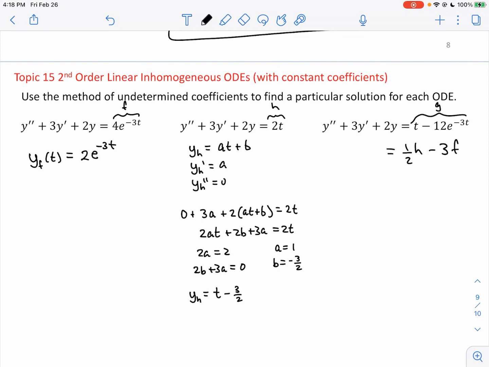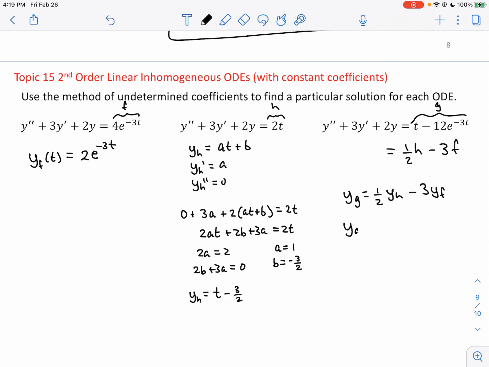So since I've already done the work for finding y sub f and y sub h, in order to find y sub g, we can use that superposition principle and just do 1/2 y sub h minus 3 y sub f. However it is, h and f are combined to make g. You do the same combination to the particular solutions to create the particular solution for g.